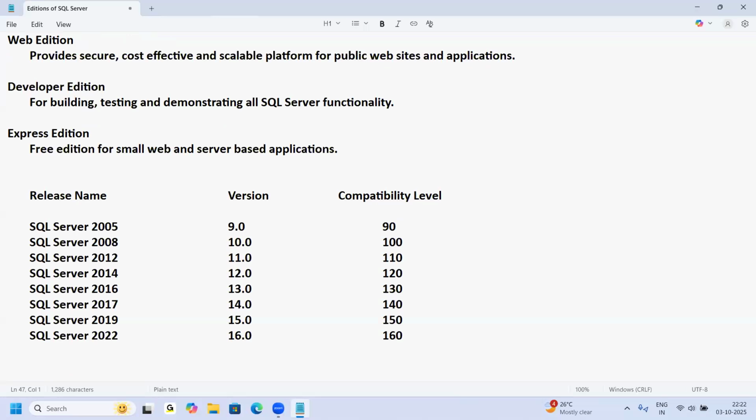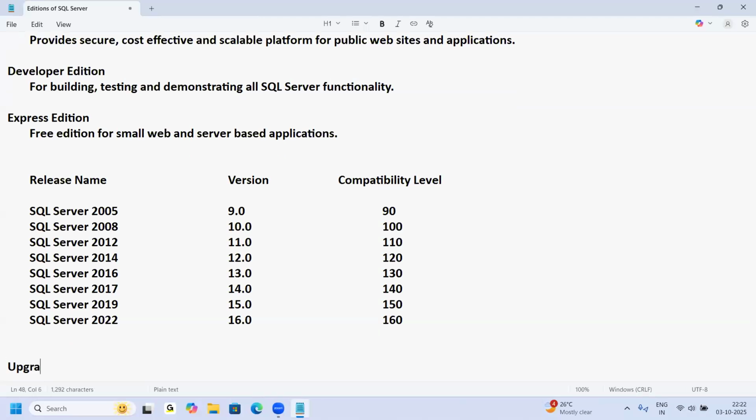And why I said this, now I'll explain so that you can understand in an easy way. Two points I'll highlight. Upgradation, one part, comma, restoring.